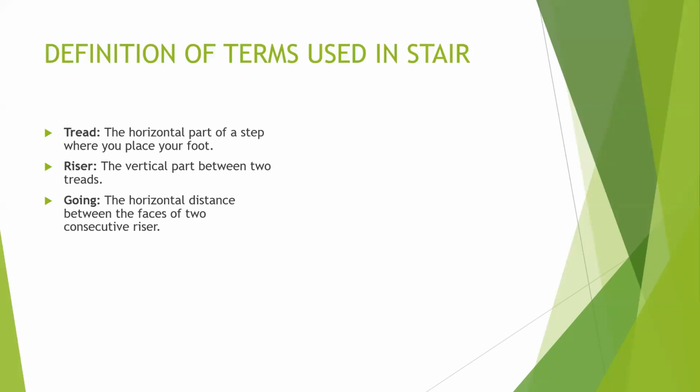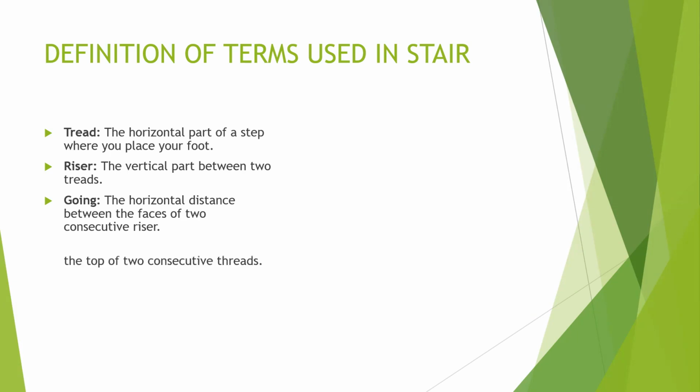So if you are told to go and measure your tread, it's more like you are measuring your going. So when you are asked what is the going of a stair, what it means is: what is the measurement of the tread of the stair? And that is what a going is.